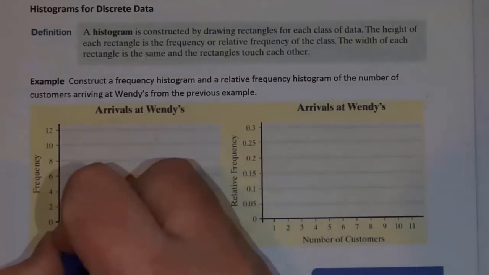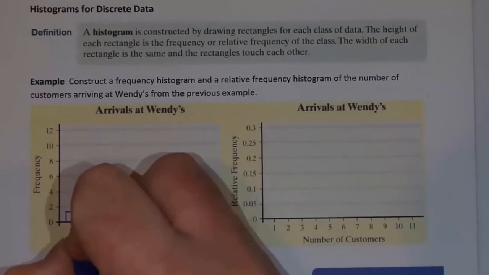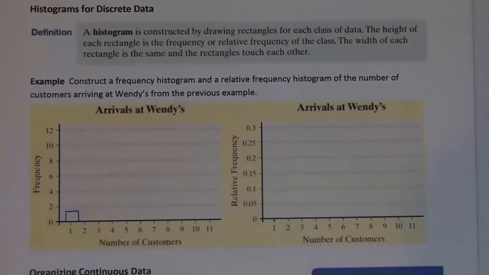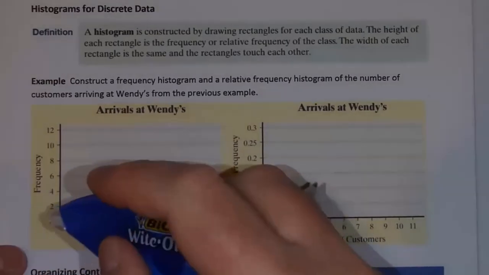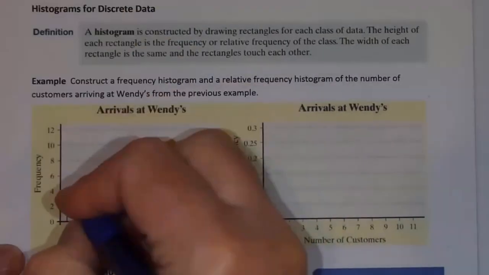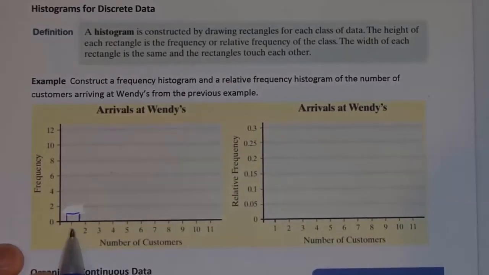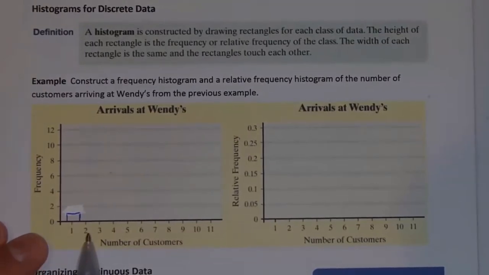Now again, to do that, I'm going to center that bar above the value 1. Actually, I got my bar just a little bit too tall. Now for 2, that occurred 6 times.